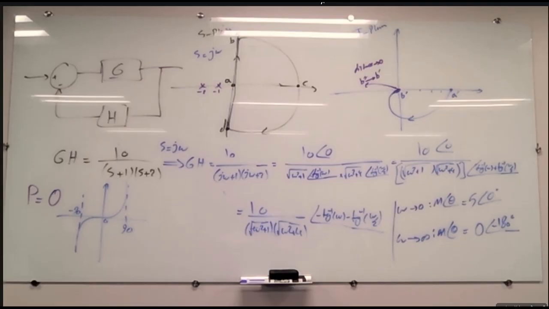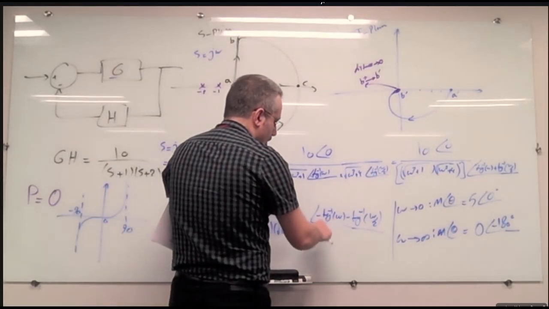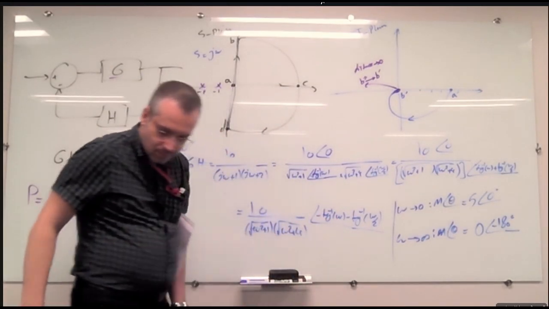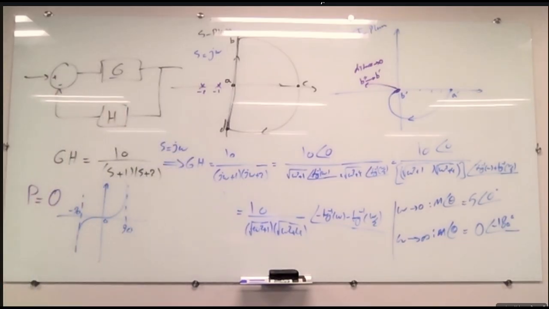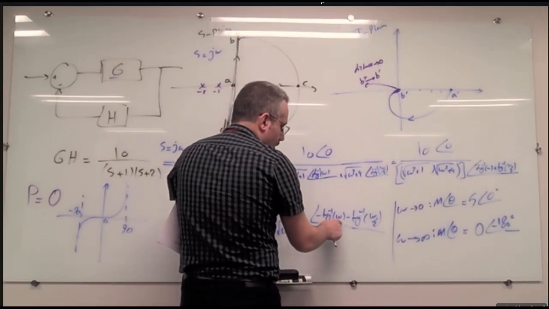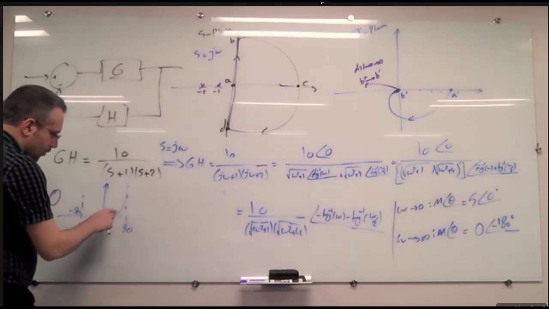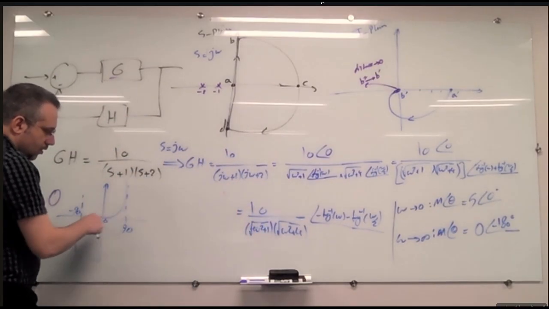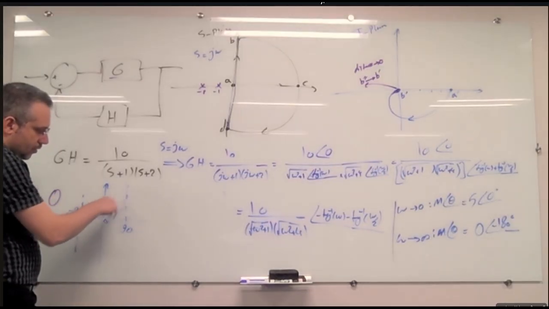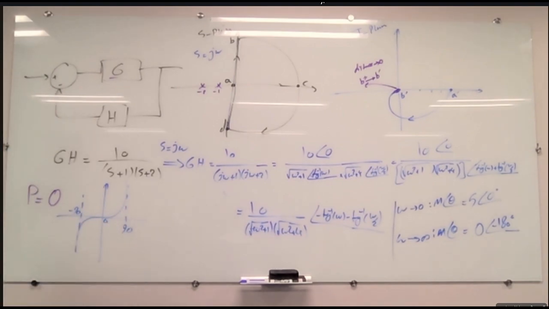Is that clear? What about the theta? The theta of that function, if we go higher from 0 to infinity, is going to be somewhere between 0 and 90. Are we good?